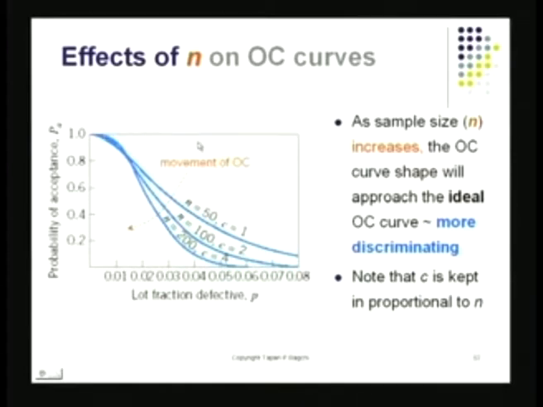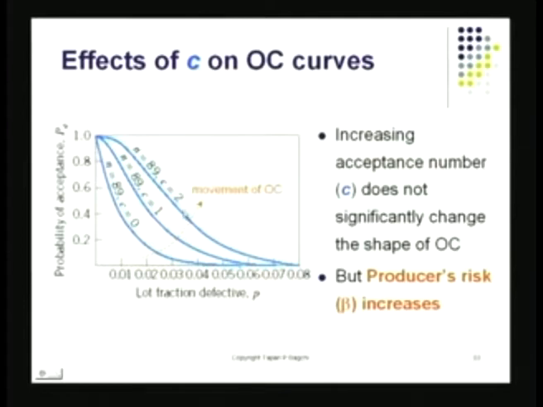And now what about the other story there? If I increase my C, the curve tends to rise, and when the curve rises, what happens to alpha? Look at what happens to alpha. Alpha becomes smaller and smaller. When alpha becomes smaller, the producer's risk goes down. The producer's risk was high here, it became quite small there.